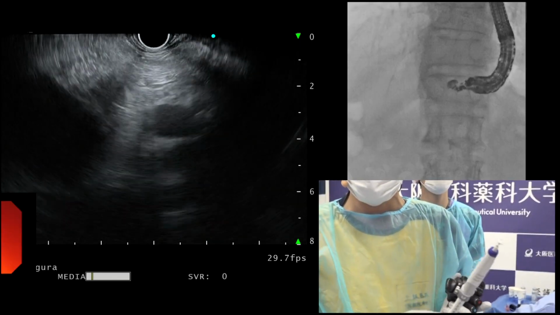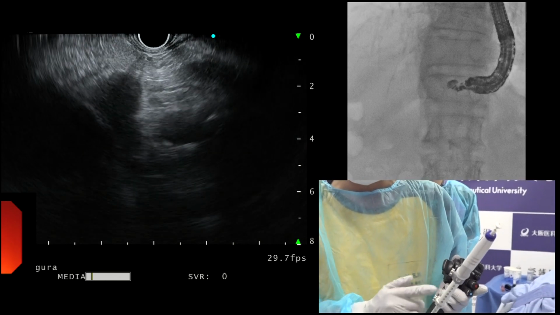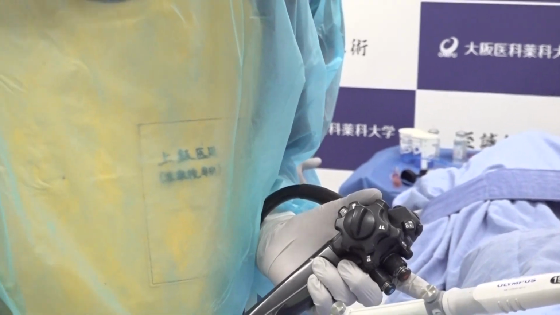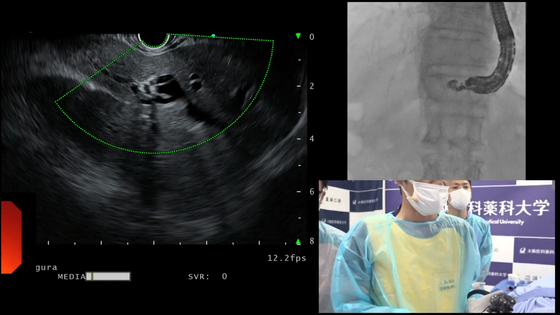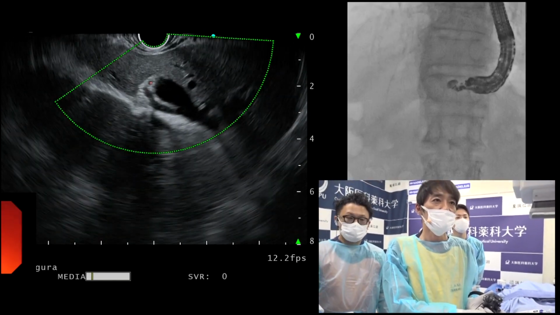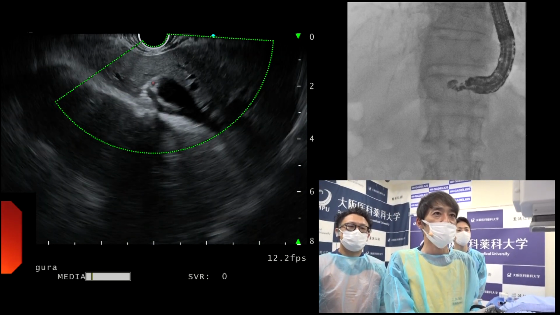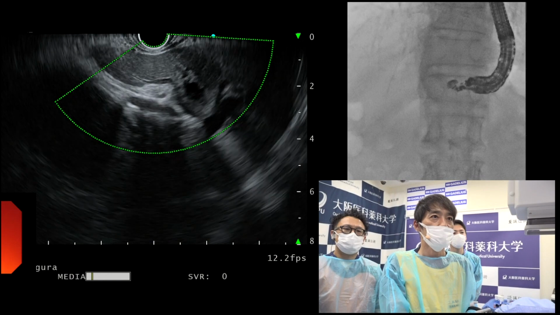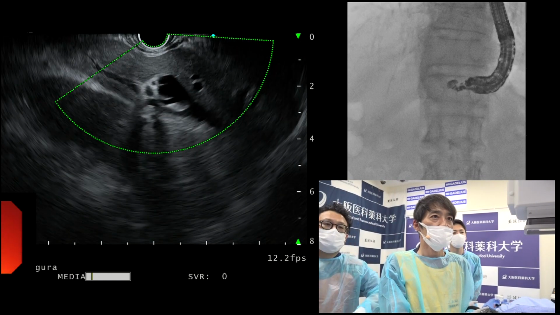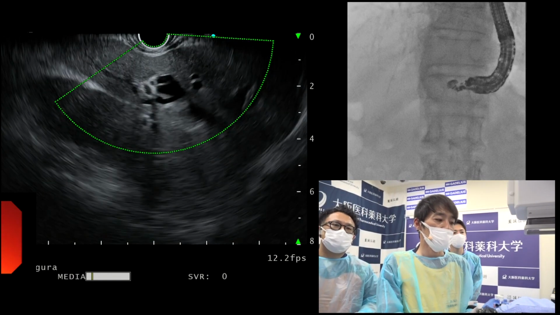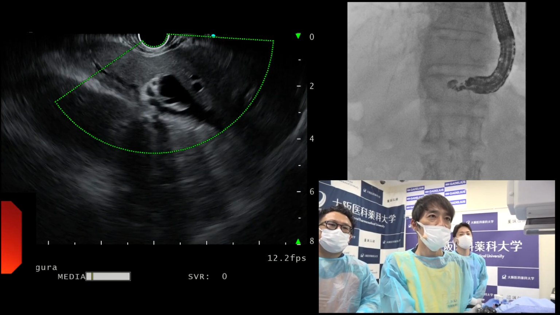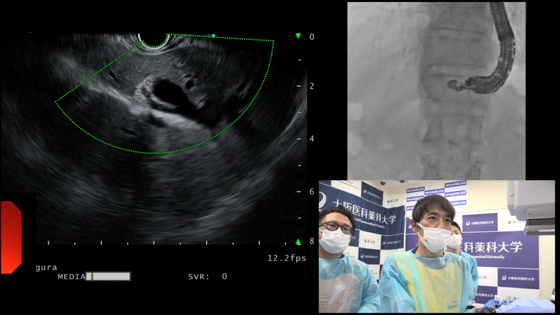Now we already inserted the FNA needle, using the Olympus EZ Shot 3 Plus. We try to puncture the biliary tract. Using color Doppler, there were no internal blood vessels. Takeshi, can you comment on what segment you are choosing and what the reason is behind that?